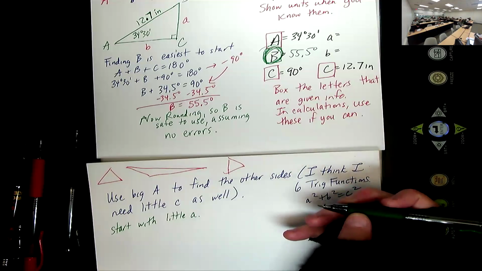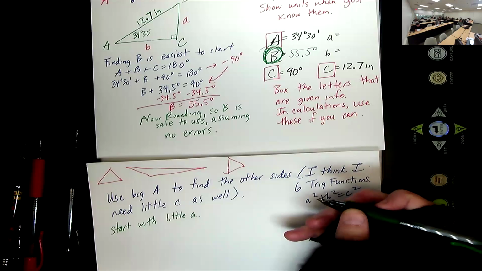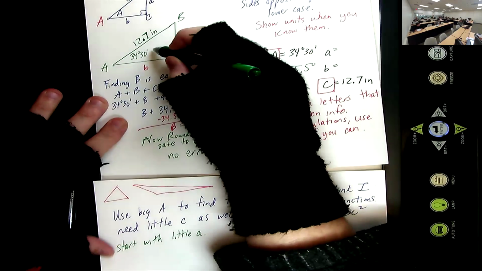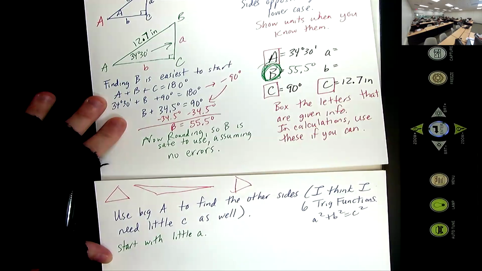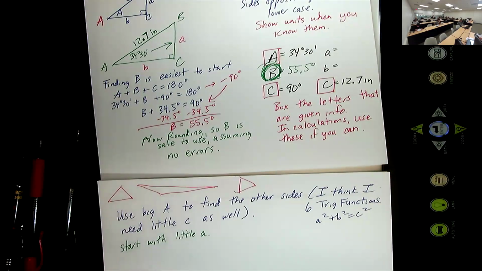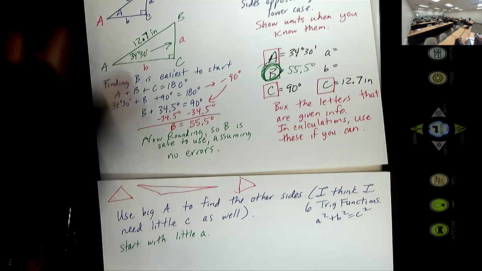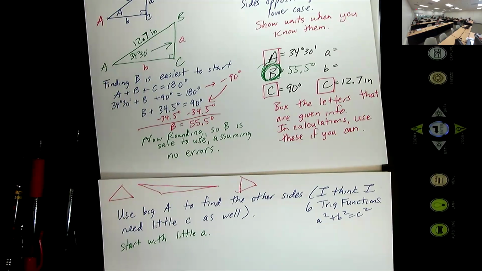It's the opposite. If we look at the picture, it's the opposite side of the angle. Adjacent means it's touching your angle, next to it. Little a is not next to it; 12.7 and little b are next to it. So opposite, which trig function has opposite in it?